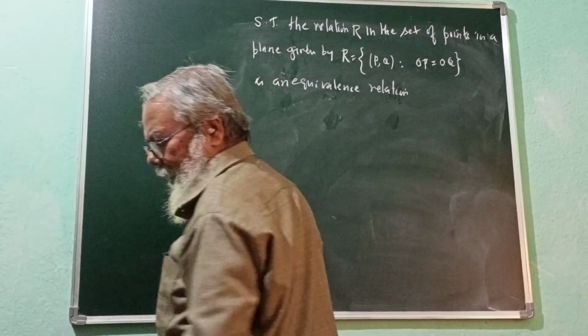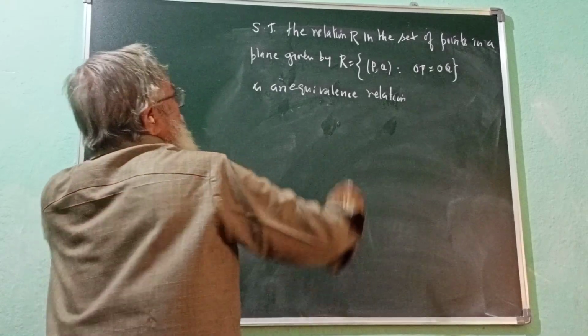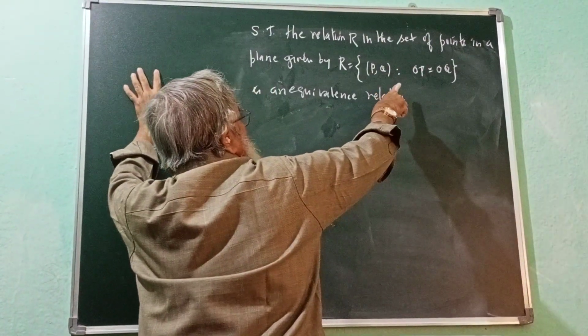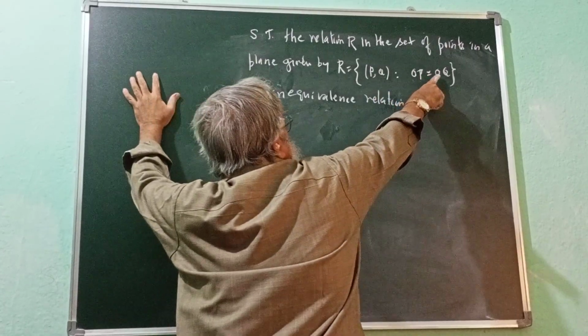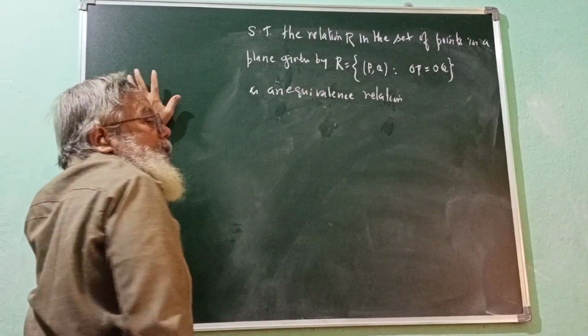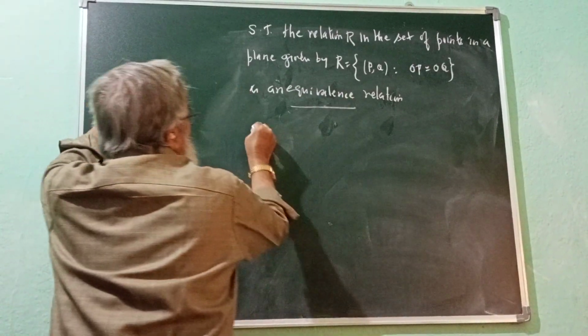Now we have to prove that O is the origin here. If the distance of the point P from the origin is equal to the distance of the point Q from the origin, then PQ will be in R. Let us check for reflexive.